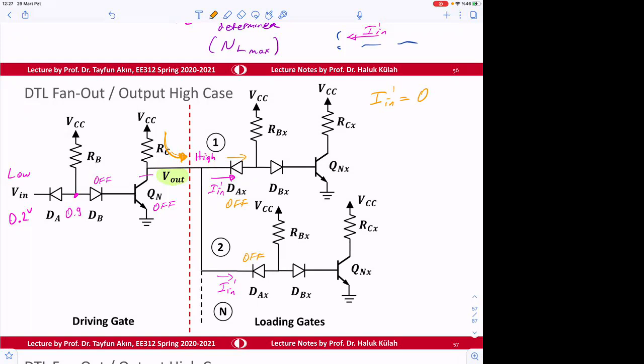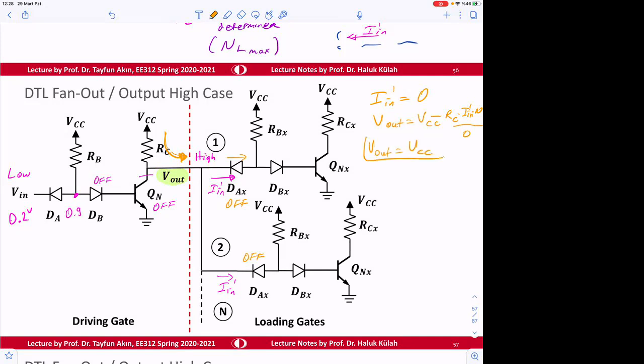So therefore, V out is going to be VCC minus RC times IN prime times N. So this is going to be 0. So V out is going to be equal to VCC.